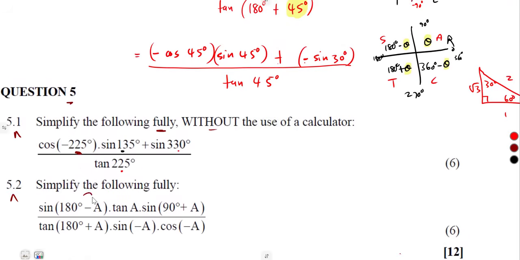5.2 sine 180 degrees minus a. We can reduce this one. 180 degrees minus theta is in the second quadrant, and sine is what? Positive there. So that's sine of a times tan of a times sine 90 degrees plus a. These are from our co-functions, but this one lies in the second quadrant.